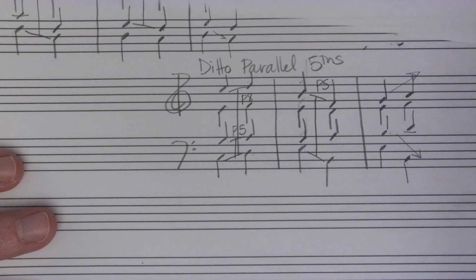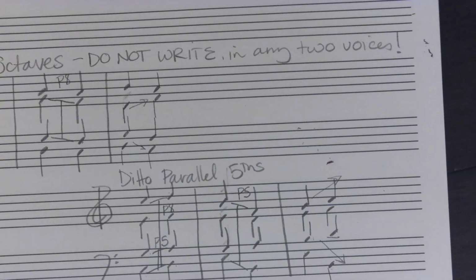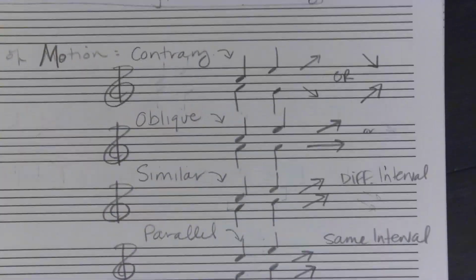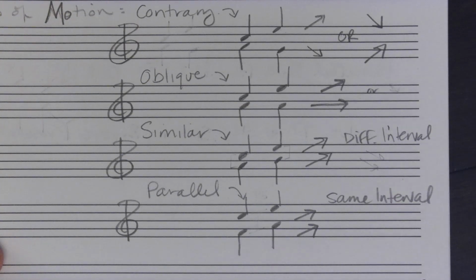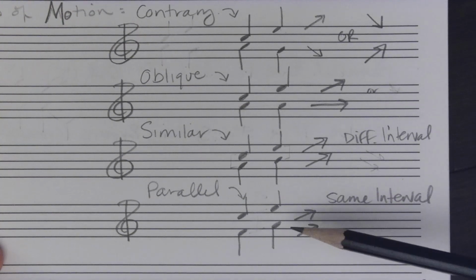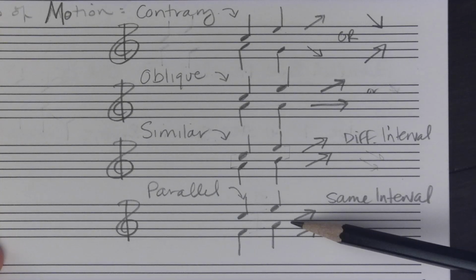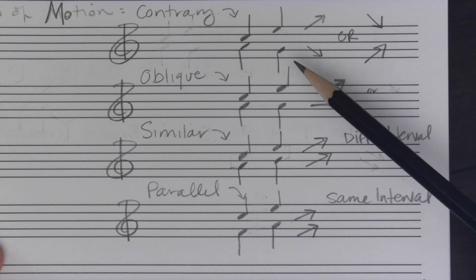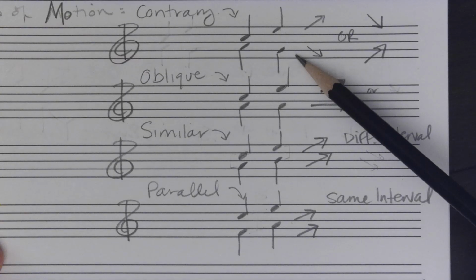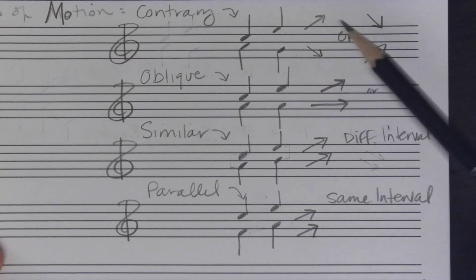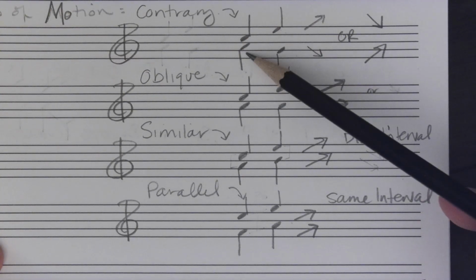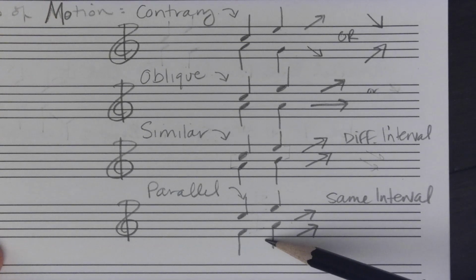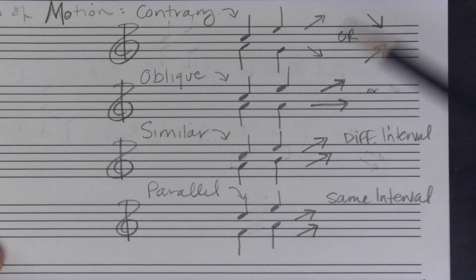Okay, now to expand on that just for a second, back here in types of voicings, you can't have parallel voices if you're going contrary. Now there's an exception to every rule, but for the most part, if you're writing contrary motion, you're very unlikely to get anything that's parallel or even hidden parallel.